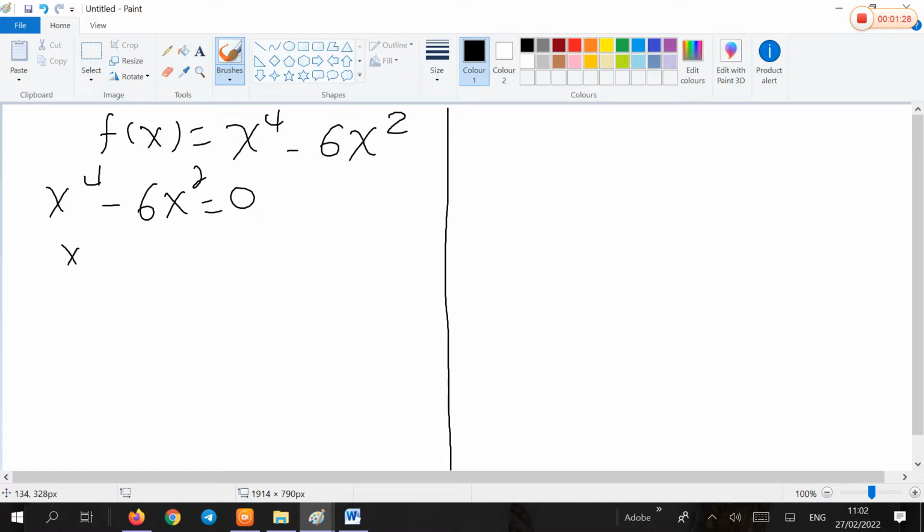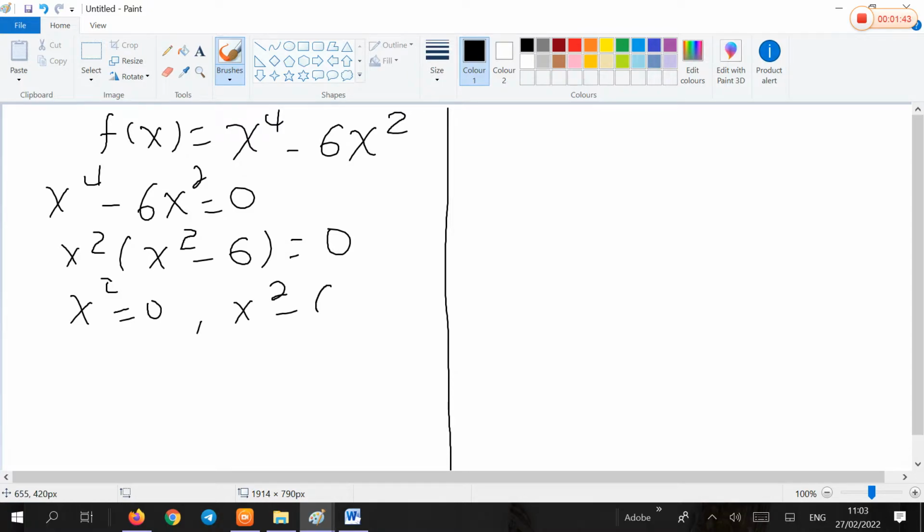If we take x squared as common, we're left with x squared times x squared minus 6, which equals 0. So x squared is 0, or x squared minus 6 is 0, so that x squared is 6, or x is plus or minus square root of 6.